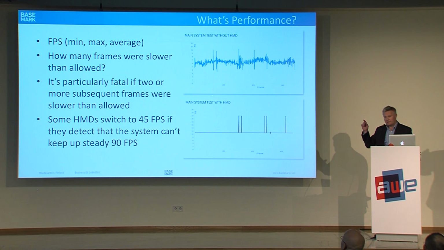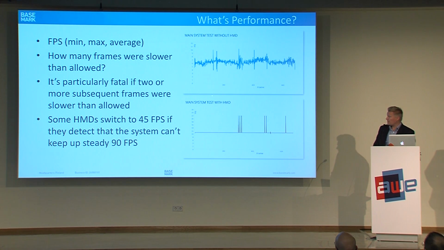If there's one frame that is dropped, then that might be okay, but heaven forbid if you get 2 in a row or 3 in a row, then the experience is totally ruined, and the person who's viewing the content will definitely notice that and it breaks the illusion.